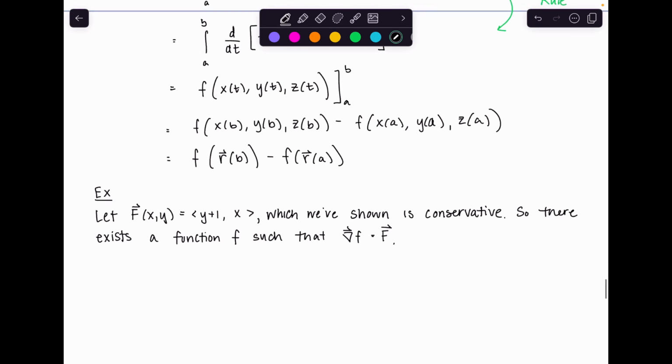Okay. So I can say that this first piece is the partial with respect to x, and the second piece is the partial with respect to y.